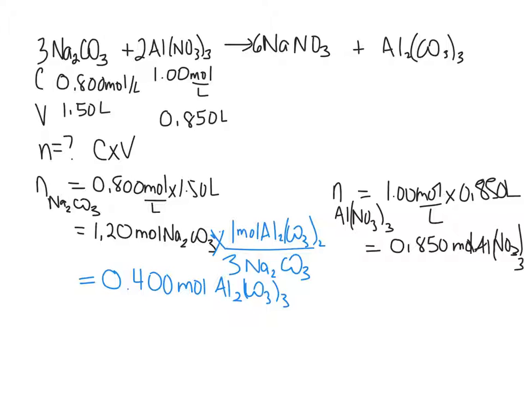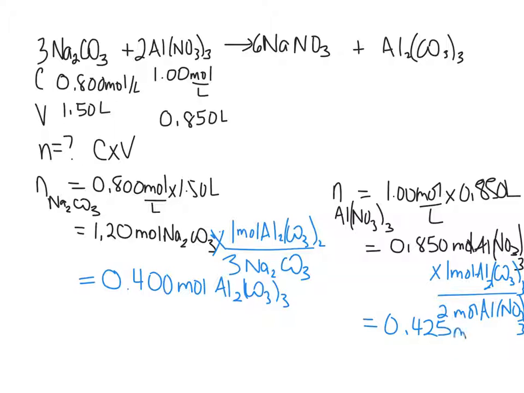And do the same thing for the aluminum nitrate. So that's 0.425 moles of product. So compare these two numbers.